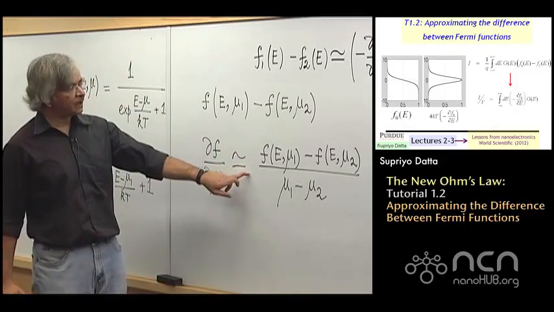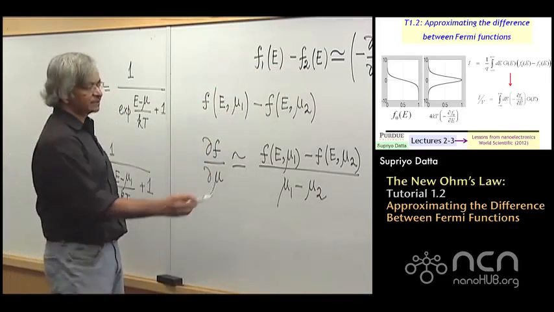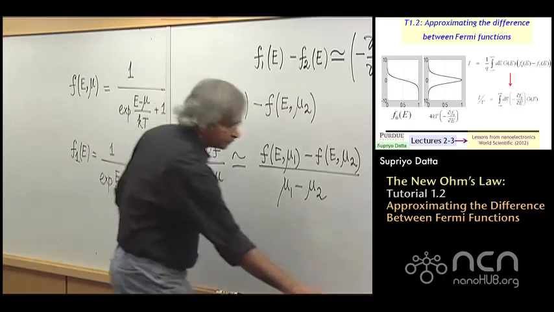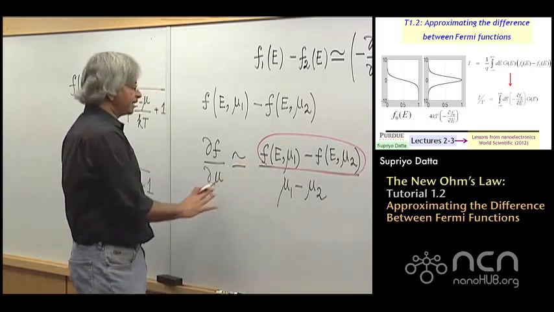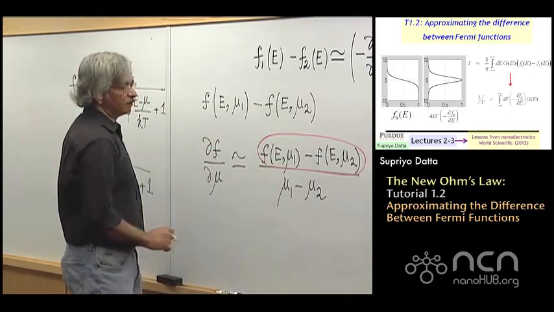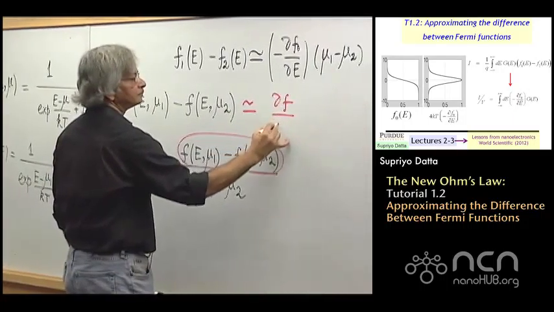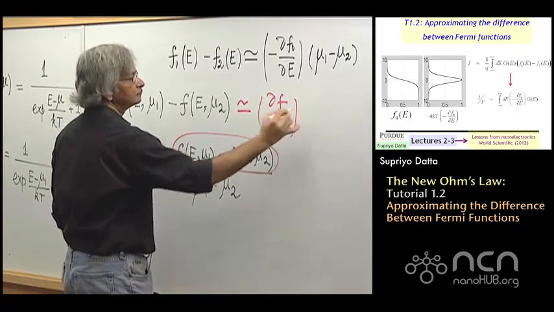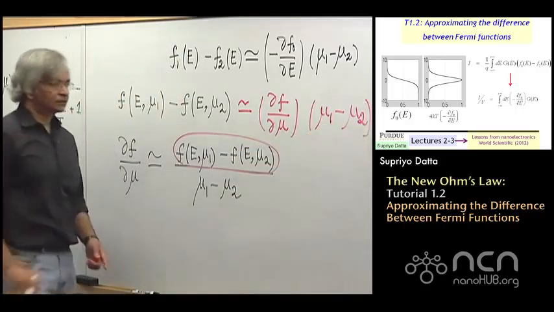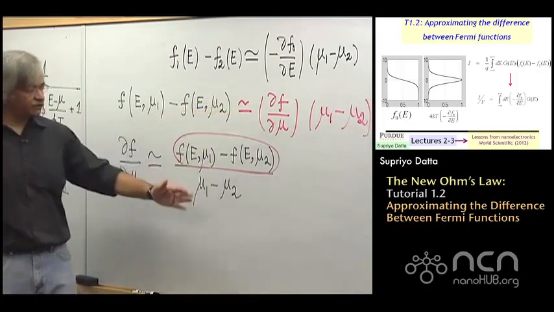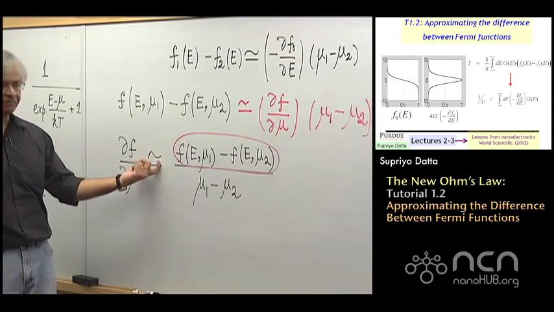And so what we are looking at, this F1 minus F2, you could write as this quantity up here. So you could write that as del f del mu times mu1 minus mu2. That just follows from the definition of derivative and using this approximation.